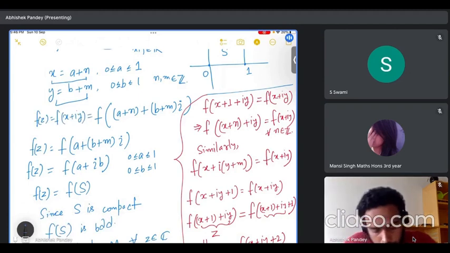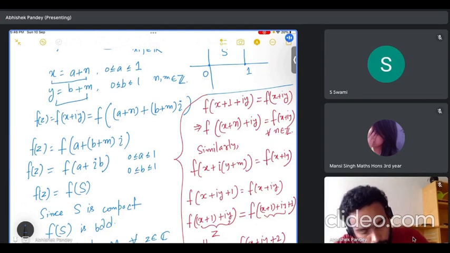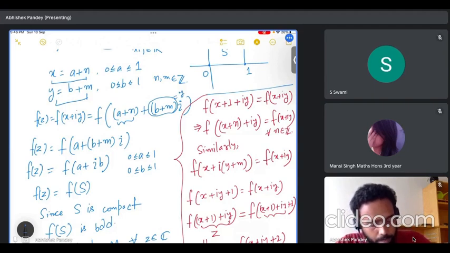So x is a plus n, y is b plus m, so we have a plus n plus (b plus m)i. Now consider this one: use x plus n, and consider this whole thing as y. So it will be f of (a plus b plus mi) with this one.